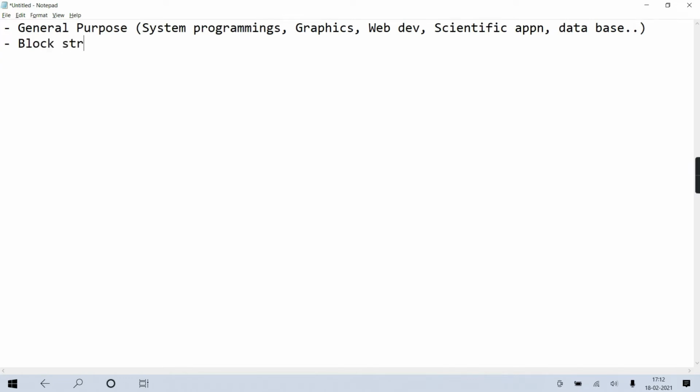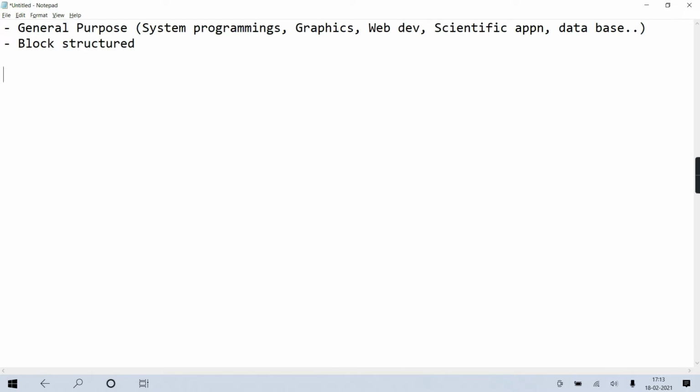Next is block structured. Block structured means this language gives the facility of grouping statements, whatever instructions are there in your program, so you can logically group them. Not only instructions, but also declarations, like declaring some variables, can be logically grouped. That group of logical statements is called a block.